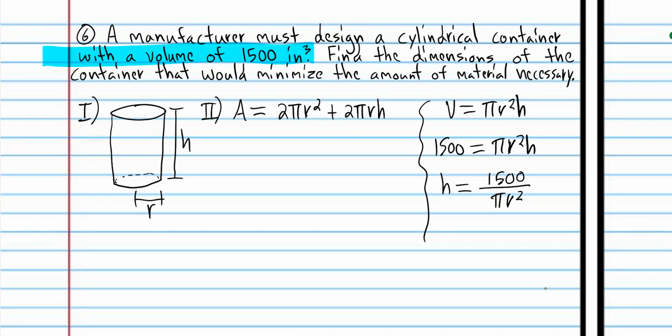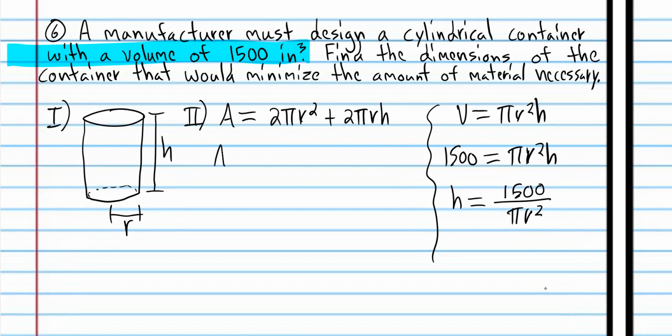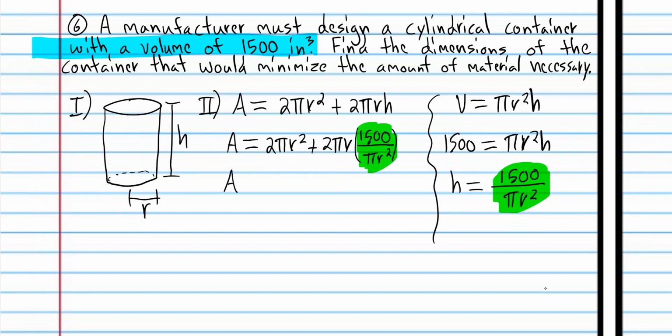So now I'm going to plug in h. So we have 1500. So the pi's are going to cancel out, one of the r's are going to cancel out, and you're going to be left with 3000 over r, it looks like.